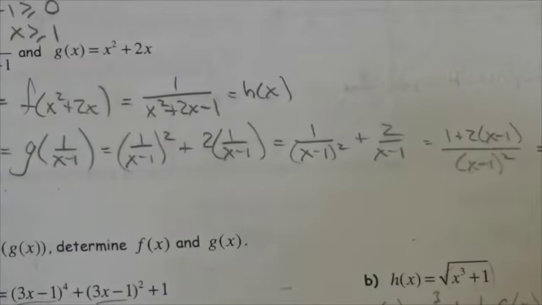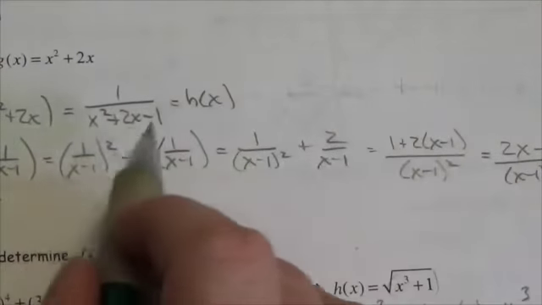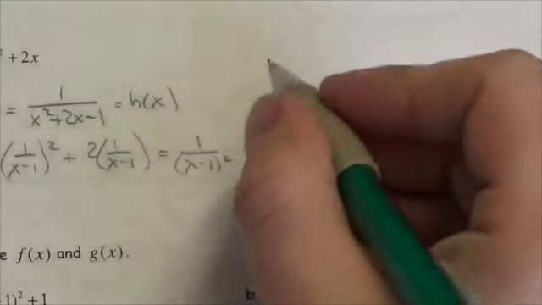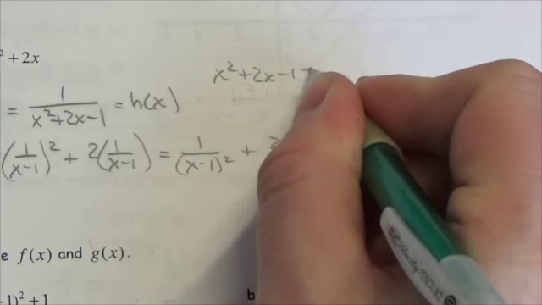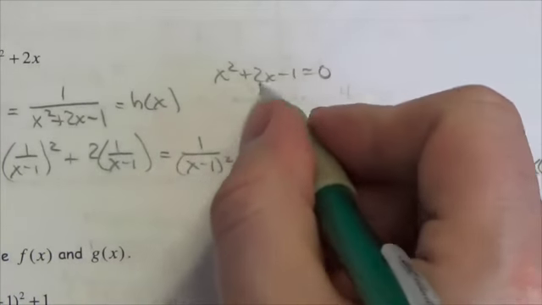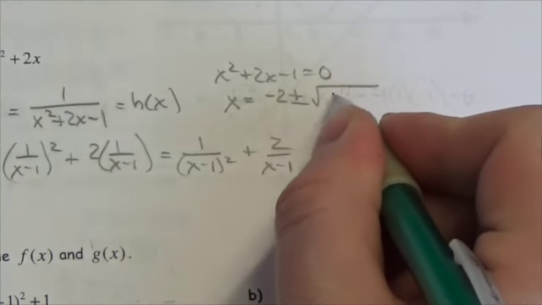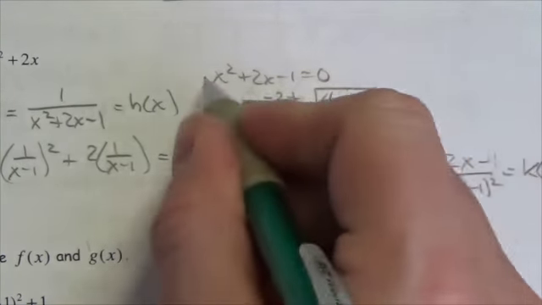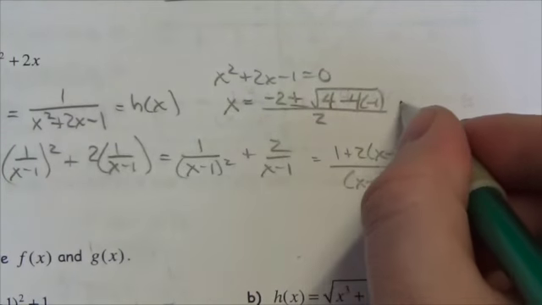All right, now let's have a look at the restrictions for this one. For h, this first one, it's going to be where the denominator goes to 0. Can't let that happen. So x squared plus 2x minus 1 equal to 0. Probably going to have to pull out the quadratic formula, so it'll be negative 2 plus or minus the square root of 4 minus 4 times a times c, negative 1, all over 2 times a, 2.